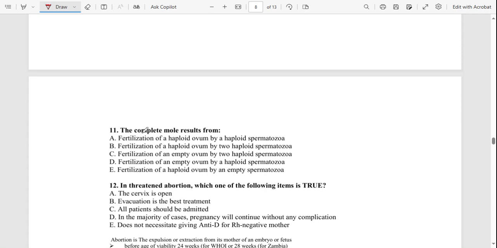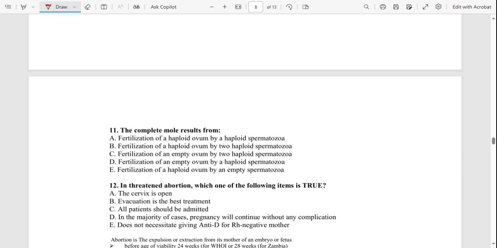Sure. Number 11 is saying the complete mole results from: fertilization of a haploid ovum by a haploid spermatozoon, fertilization of a haploid ovum by two haploid spermatozoa, fertilization of an empty ovum by two haploid spermatozoa, fertilization of an empty ovum by a haploid spermatozoon, or fertilization of a haploid ovum by an empty spermatozoon.